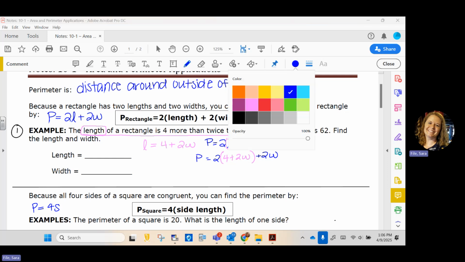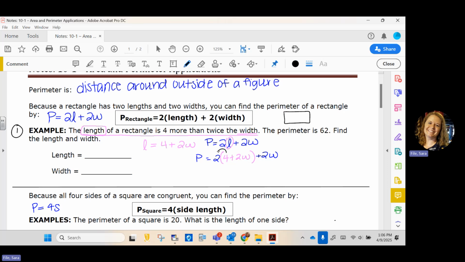So now to simplify this, I'm going to distribute to get rid of my parentheses. So that becomes 8. 2 times 4 is 8. And 2 times 2W is 4W. And then you've still got the 2W on the outside. So now I'm going to simplify this, combine the W's.